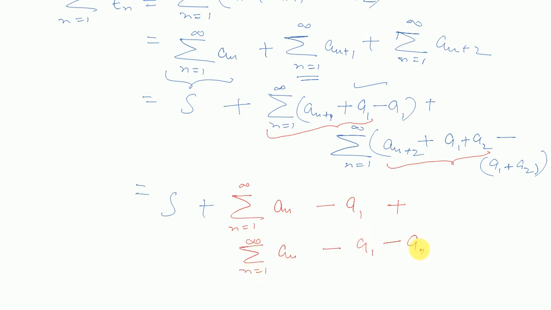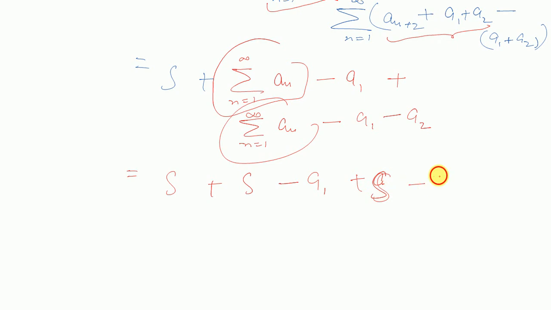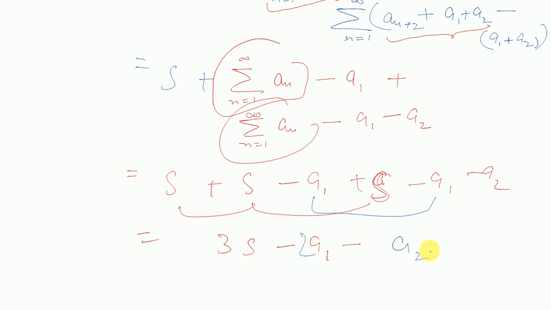Plus, this will make summation running from n equal to 1 to infinity an minus a1 minus a2. So it will lead us to S plus, this is nothing but S minus a1, plus this is again S minus a1 minus a2. It means 3 times S minus 2 times a1 minus 1 time a2.